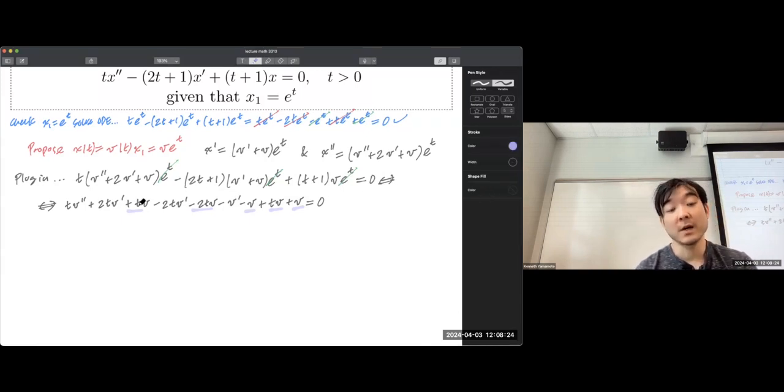These should cancel. These will always cancel because if you're using x1 as your homogeneous solution, this is always going to happen, and the book has a general proof for that. So the minus v and plus v cancel. There's a tv and a tv, but then there's a minus 2tv, so these are all going to cancel.